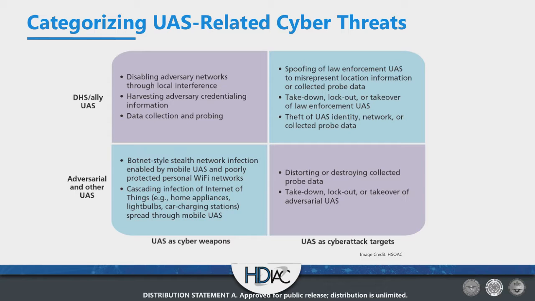This was from a DHS report, or an ally, another government agency. And there's also those drones that are adversarial to the U.S. mission. So there's multiple ways to attack this problem, but some will have some legal considerations, especially when trying to mitigate drones that may have bad intentions.